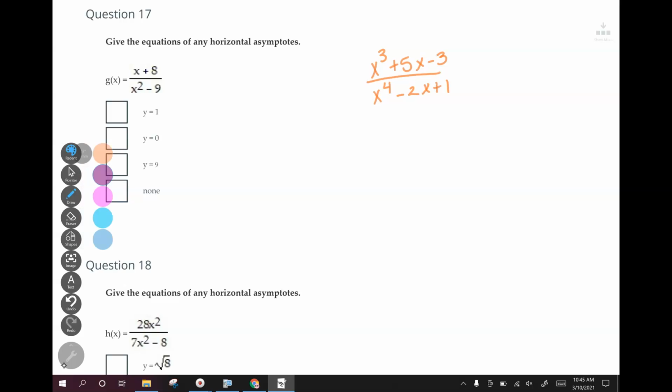So when I say degree, I'm strictly talking about this largest exponent. And everything depends on that when it comes to horizontal asymptotes. If the degree is greater in the denominator, like it is here, it's automatically y equals 0. Your horizontal asymptote is automatically y equals 0.